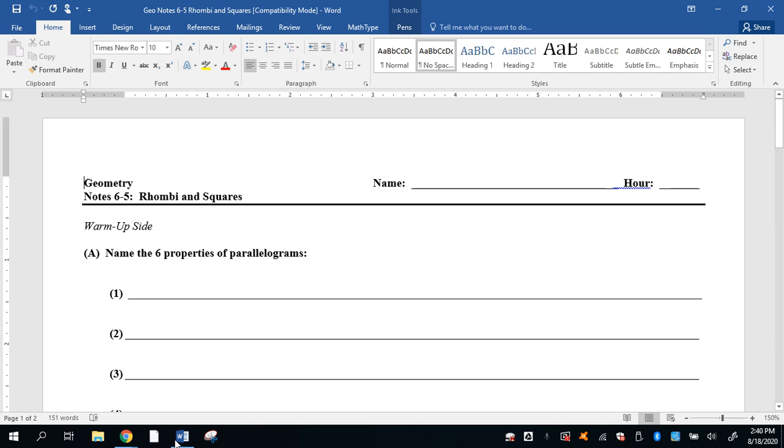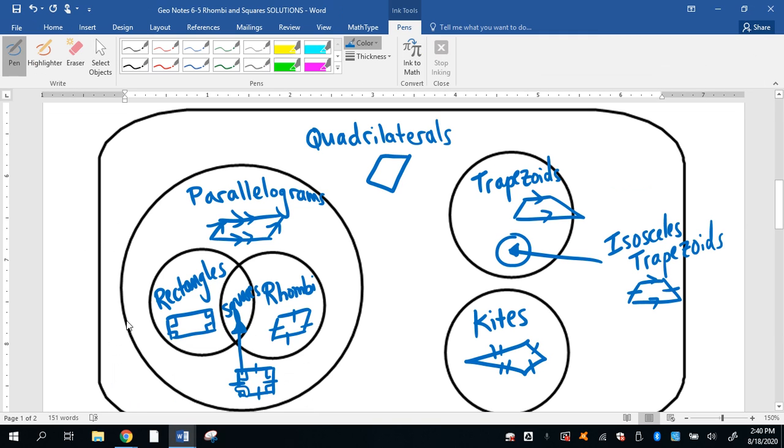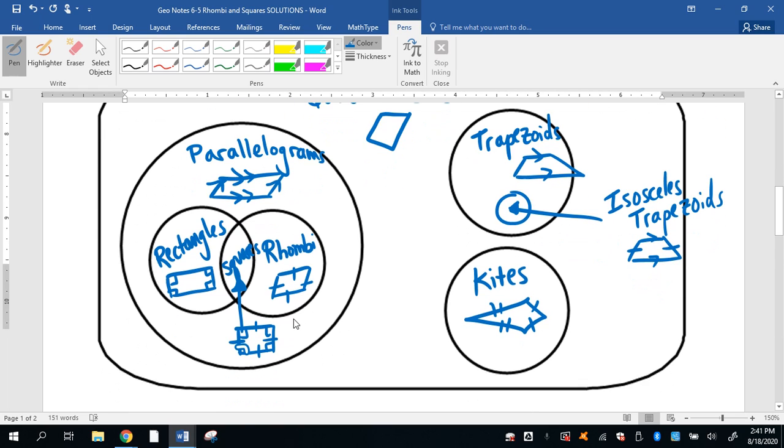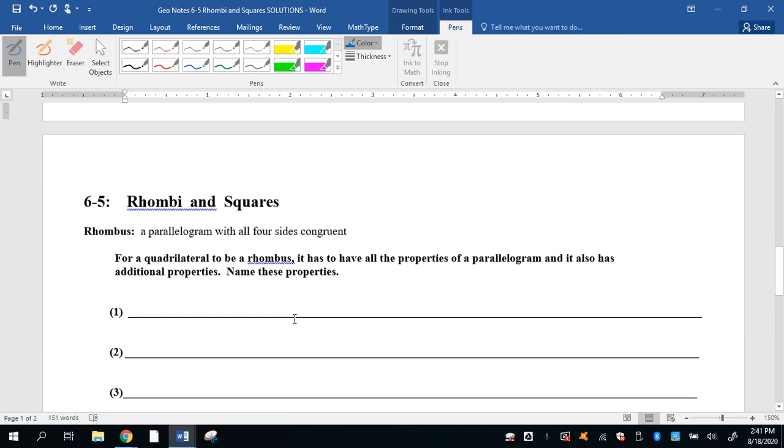Okay, so we are going to talk about rhombi before squares. So what is a rhombus? We've talked about it on the Venn diagram. It's a parallelogram, so it has the 6 properties, and it also has 3 additional properties. We're going to figure that out right now. So let's draw, as best as we can, an accurate looking rhombus.